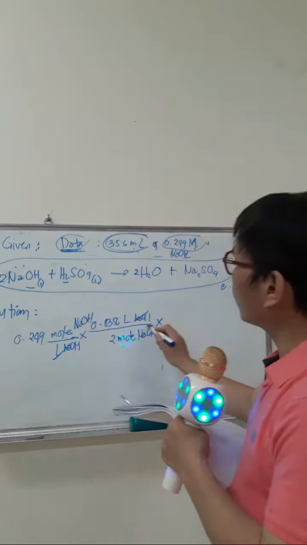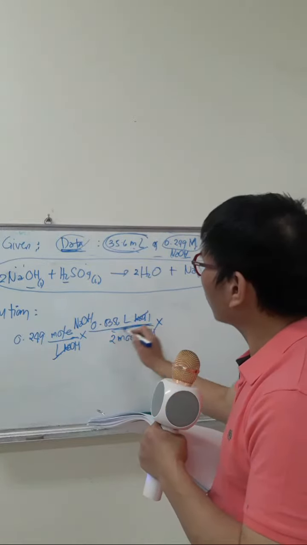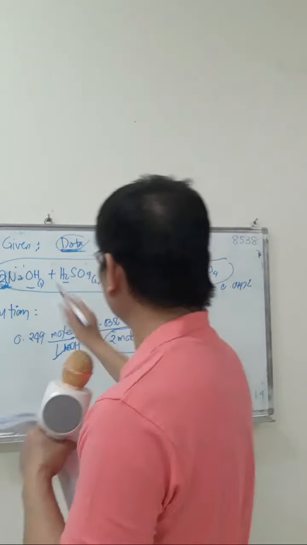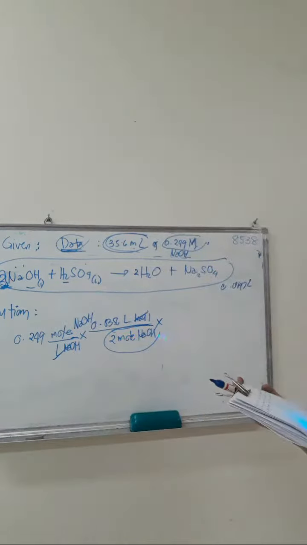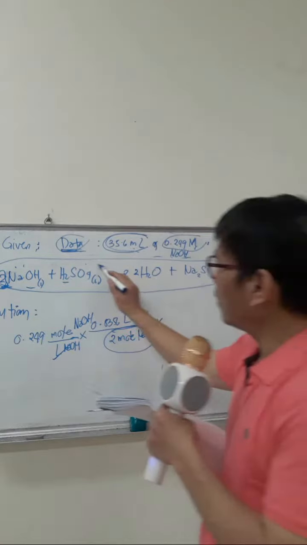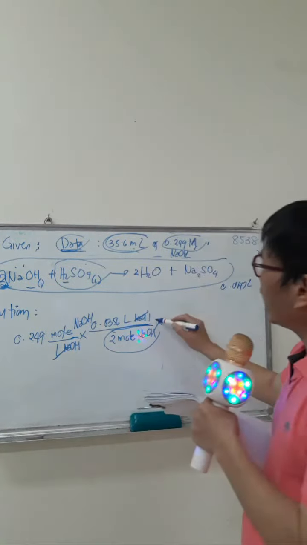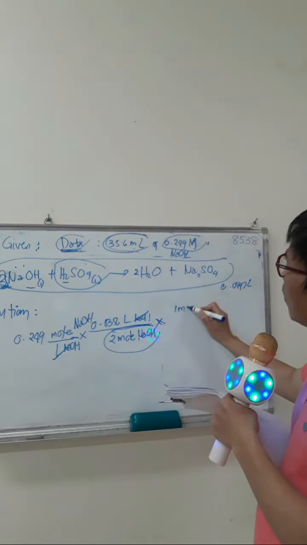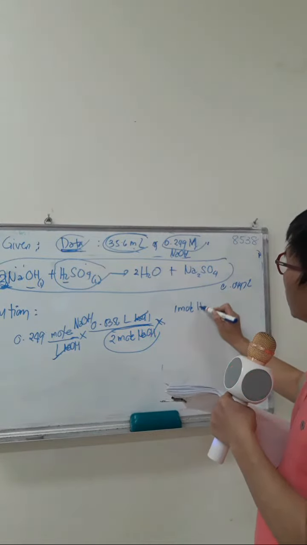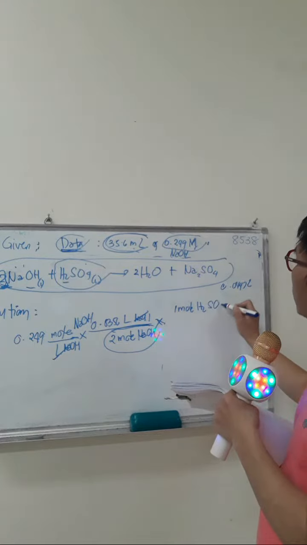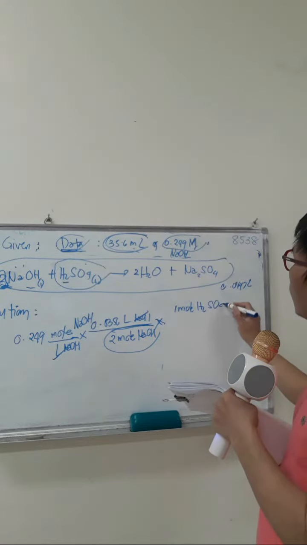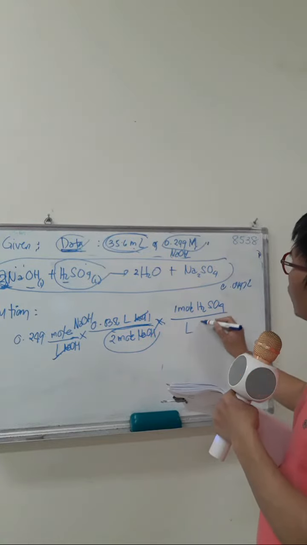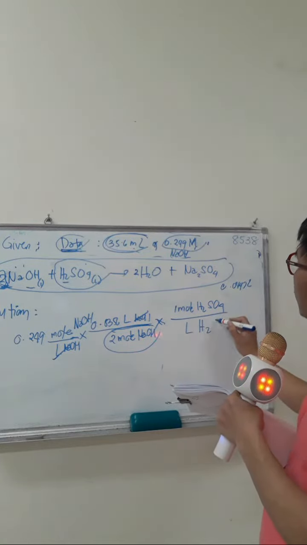If we have 2 moles of sodium hydroxide in our chemical reaction, our partner will be the sulfuric acid, only 1 mole. So times 1 mole of sulfuric acid over the liter of sulfuric acid.